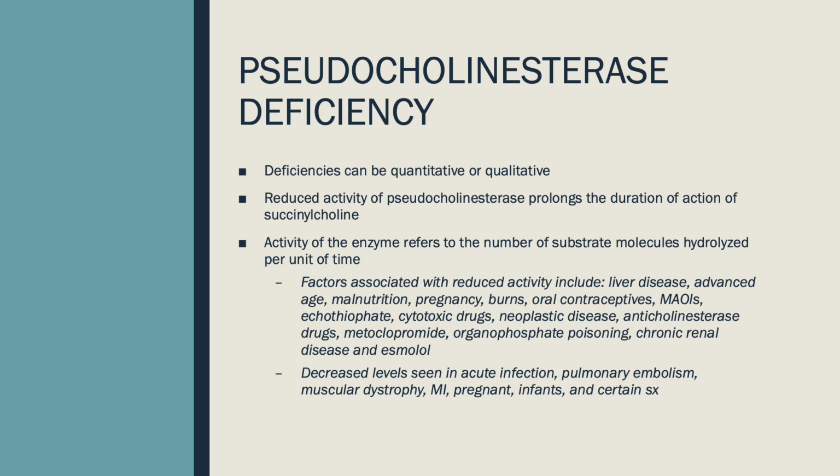So this led to an establishment of a dibucaine number. Dibucaine inhibits the normal enzyme by up to 80%, but the abnormal enzyme by approximately 20%. And there are a lot of other genetic variants, but oftentimes patients with pseudocholinesterase deficiency will have a dibucaine number. And that's what we will focus on.